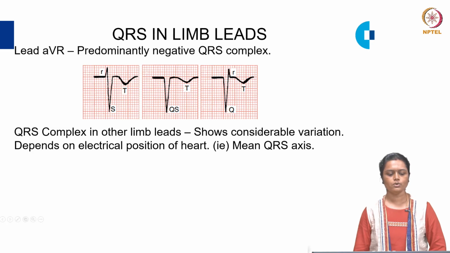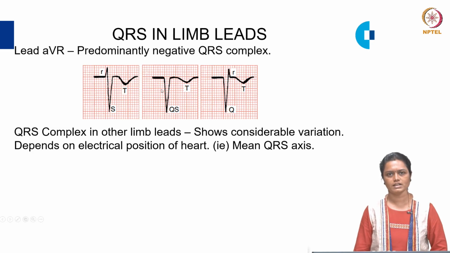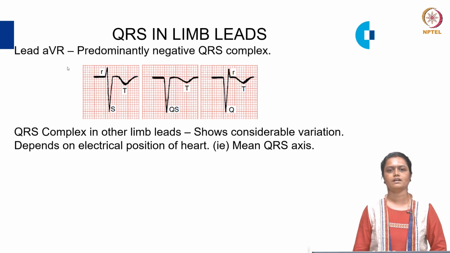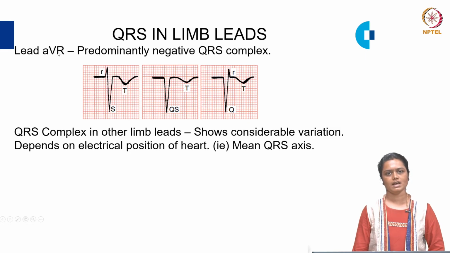And as I told you, lead AVR is also oriented horizontally and to the right. The important feature of AVR is that all the waveforms in AVR will be negative. So, you have a predominantly negative QRS complex in lead AVR.